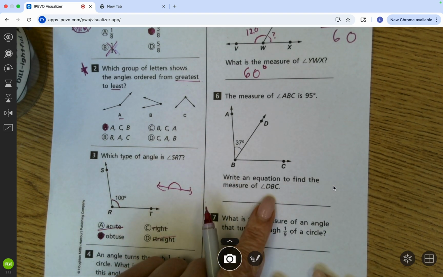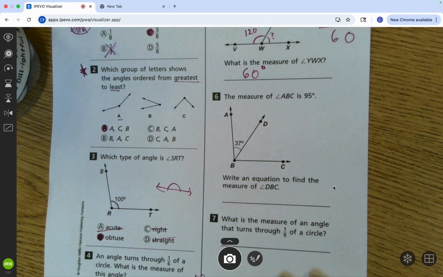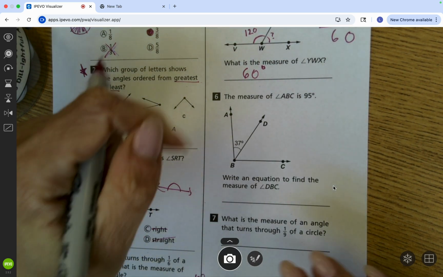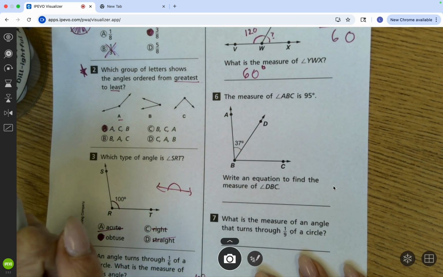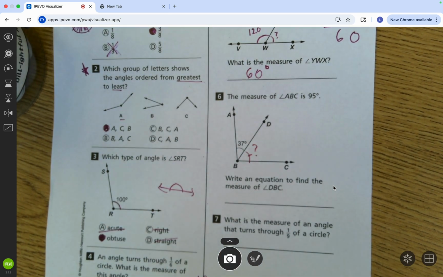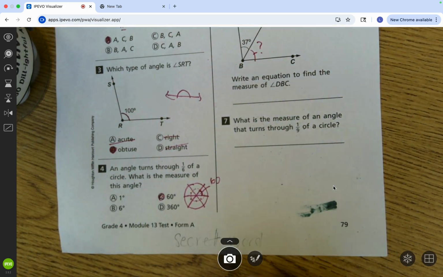We need to write an equation to find the measure of angle DBC. Do we understand? Write an equation. You don't necessarily have to solve. I'd like you to solve, but the question is asking just for an equation. Are we adding, subtracting? We need to find this here. Do you understand?